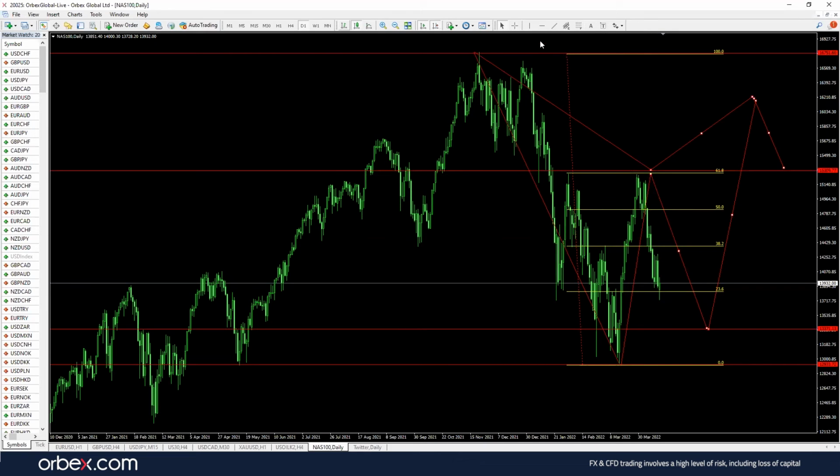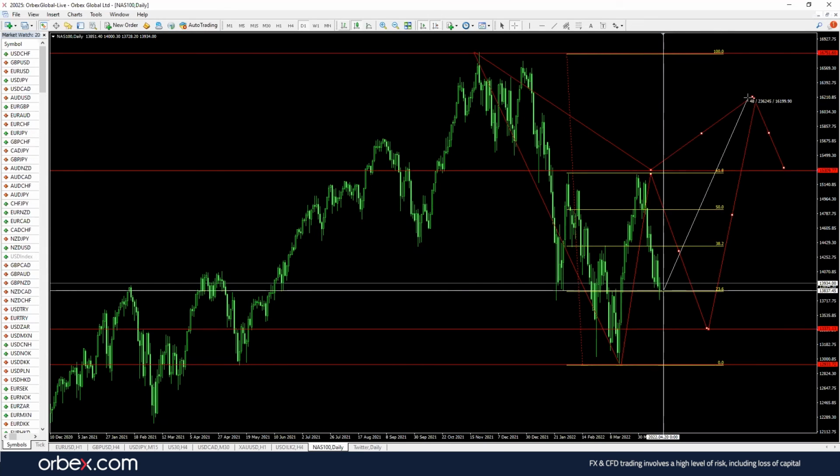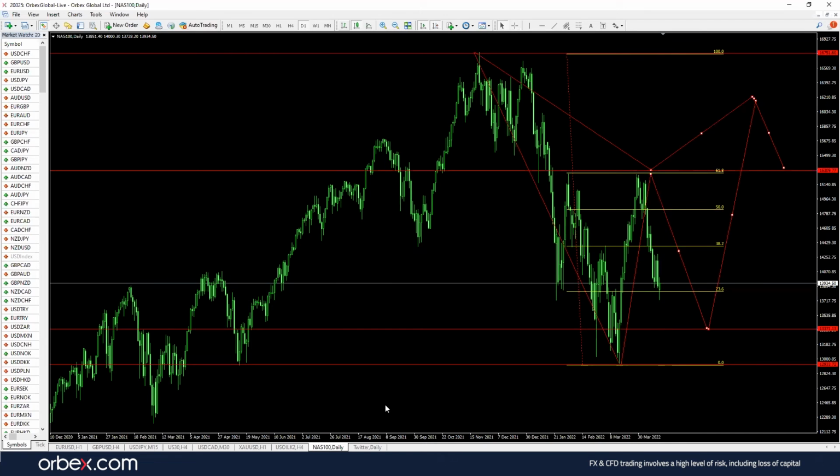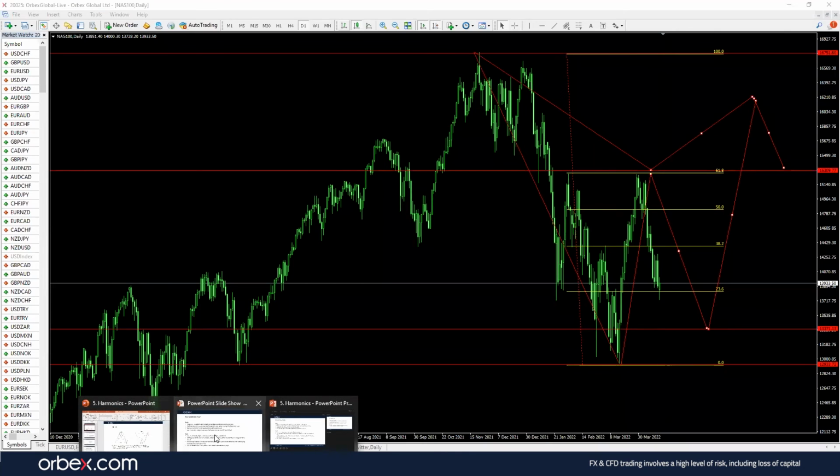And now if I want to put a buy position in on this harmonic pattern that I believe is forming, I'll be able to run this up to 78.6. So again, on the NASDAQ, it's going up to over 16,000. So this is another thing that you can think of, something to look out for as well.